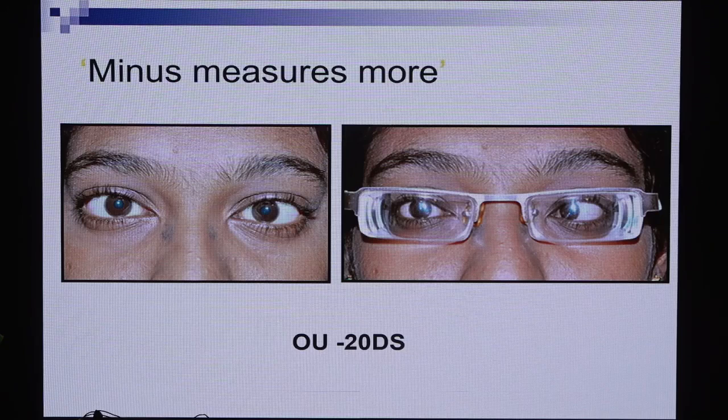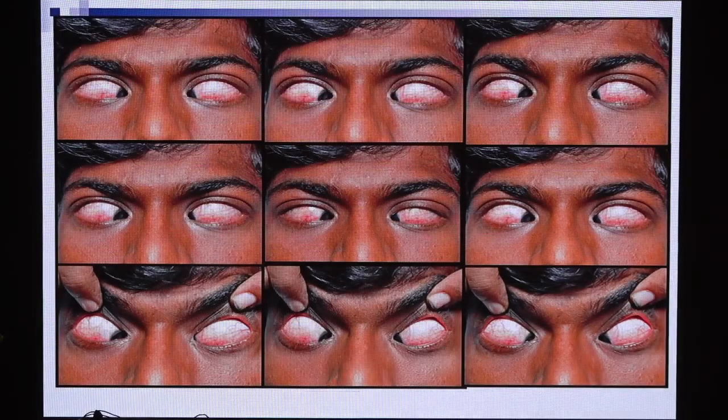So if we look at this 9-gaze picture, it essentially seems as if it's a 1-gaze picture which has been posted in all the 9 gazes. These are the 9-gaze pictures of these patients, and the globes are practically frozen in 1 gaze only. So this is an extreme form of high myopia, myopic strabismus fixus.